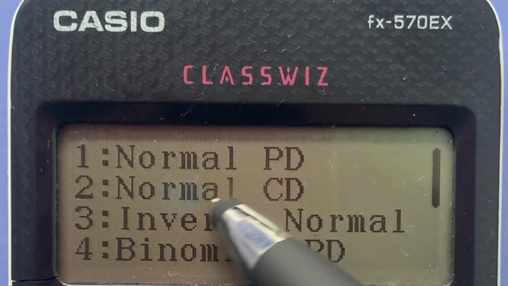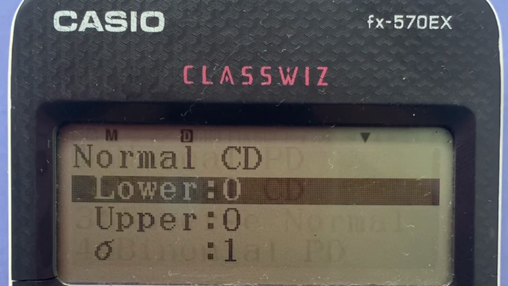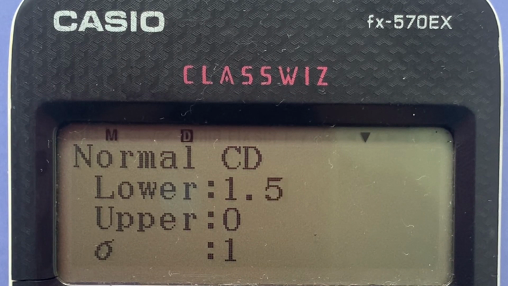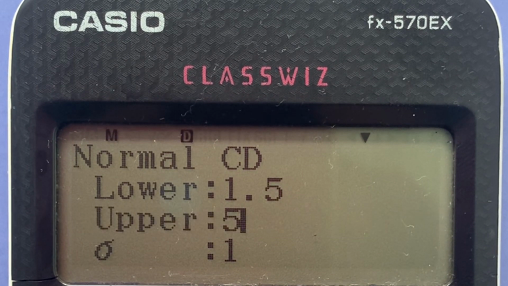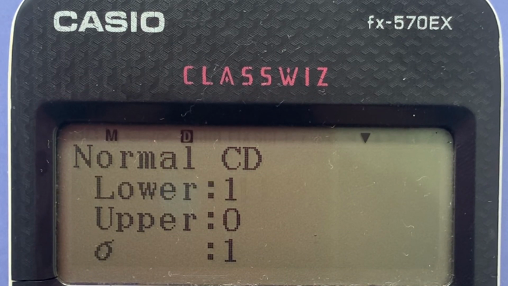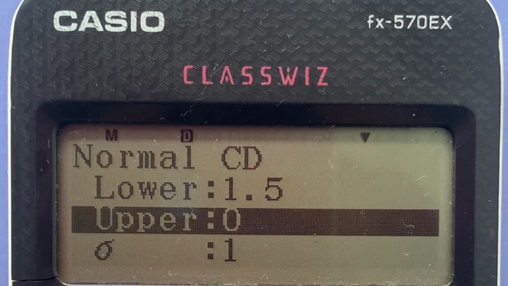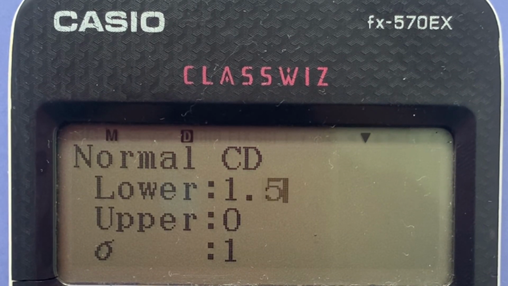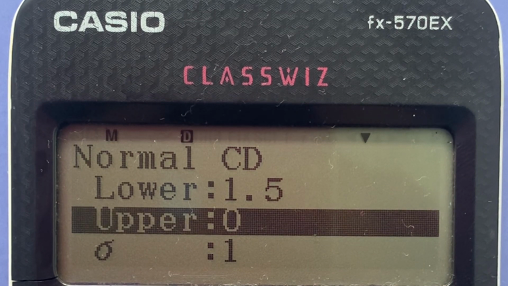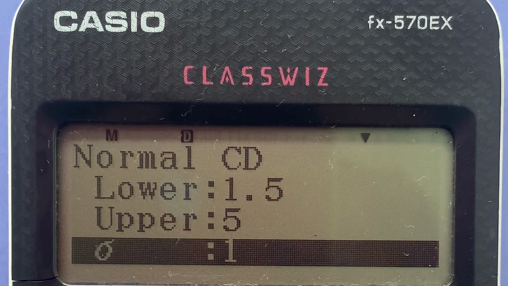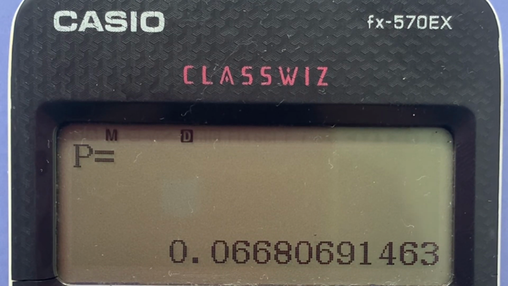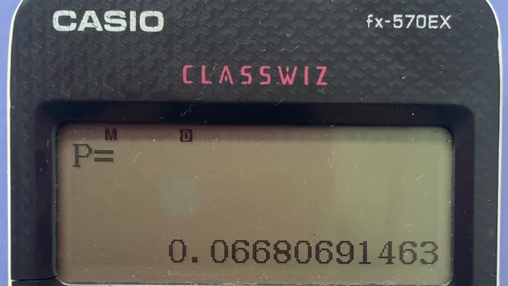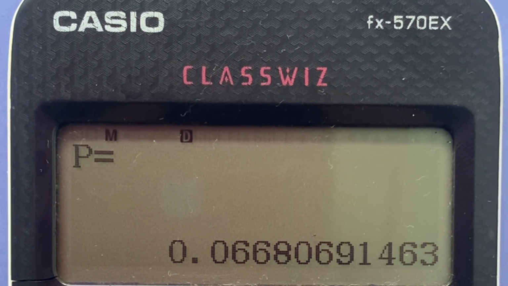You choose normal CD because normal CD is the one that will allow you to key in the lower limit and also the upper limit. So the lower limit is 1.5 and the upper limit, as I mentioned to you, if it is positive, you key in 5 will do, positive 5. Please do not change the value of standard deviation because this is the z-score, and you will get the answer immediately after you key in lower and upper limit, right?